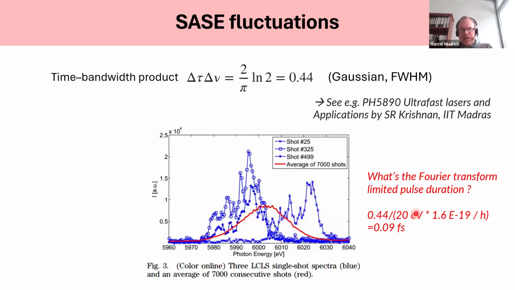But anyway, the point is that if we were able to get Fourier limited, nicely controlled pulses, just like in usual femtosecond lasers, then it should be possible to actually not even have femtosecond pulses, but attosecond pulses. Yeah, this is 90 attoseconds.